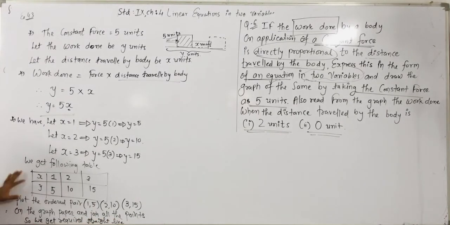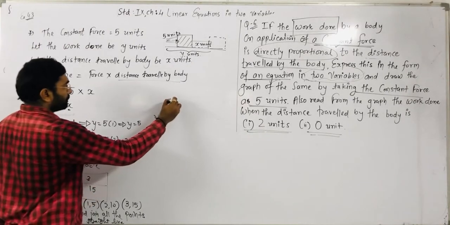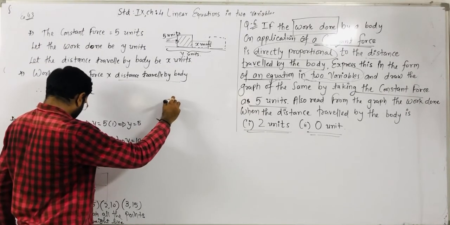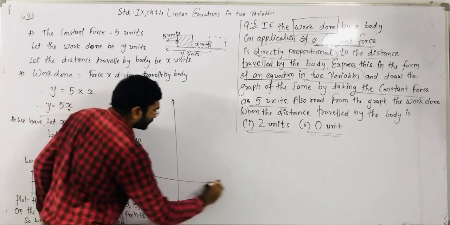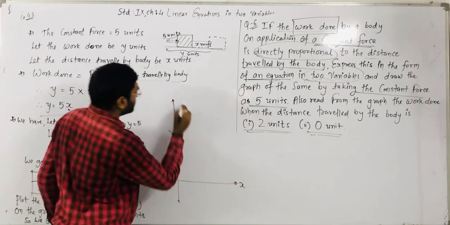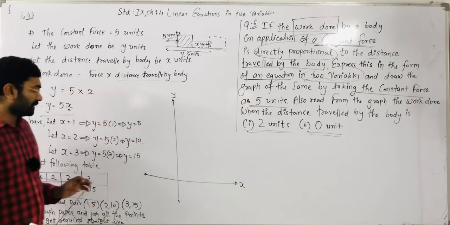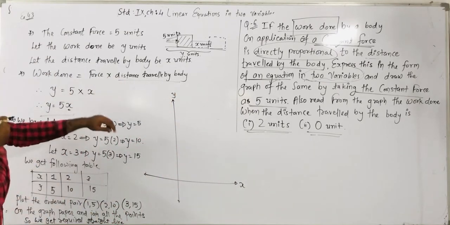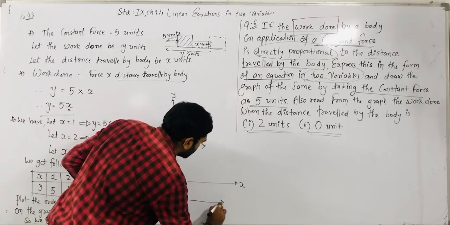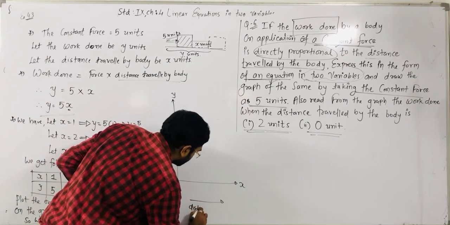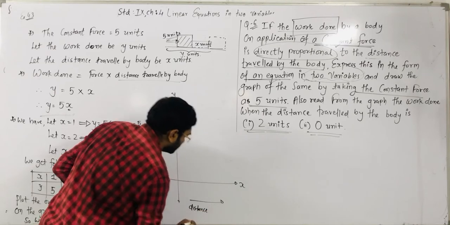Okay, so now its graph we draw here. This is our x-axis, this is our y-axis. Okay. Now on the x-axis we represent the distance traveled by the body.